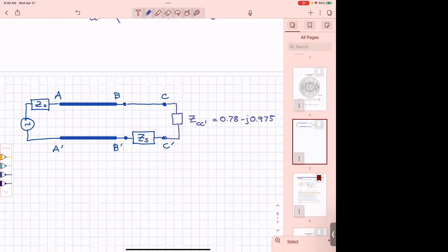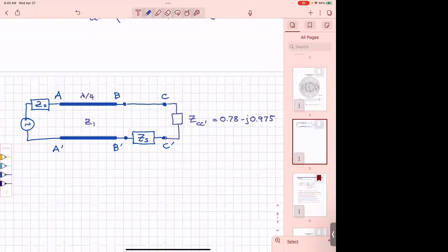Now here I have lambda over 4 and Z1. And then I have to find Z sub S, which is the impedance for the star. All right. I'm looking at this. What does this remind you? A quarter wavelength transformer. When you see a quarter wavelength, it's not there accidentally. All right, nobody's going to give you a quarter wavelength just because they like the number. They will give it to you, especially when they allow you to have an impedance different from zero.